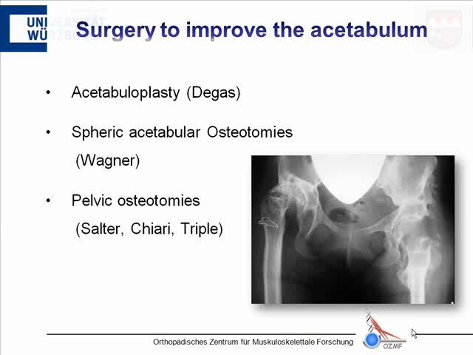And if we have to deal with patients with CDH, often we have to think about the procedures that those people have had before. They all had different kinds of pelvic osteotomies, they had femoral osteotomies, so we have to deal with a lot of problems that we have to think about in advance.